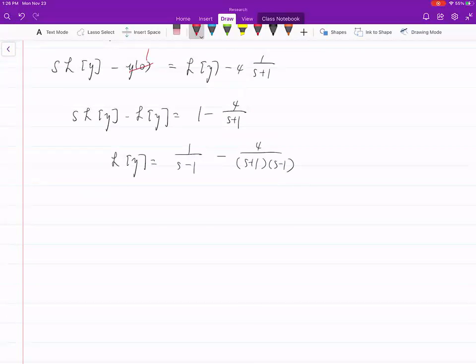Okay. Now the only thing left is try to write down y equals part 1 minus part b.